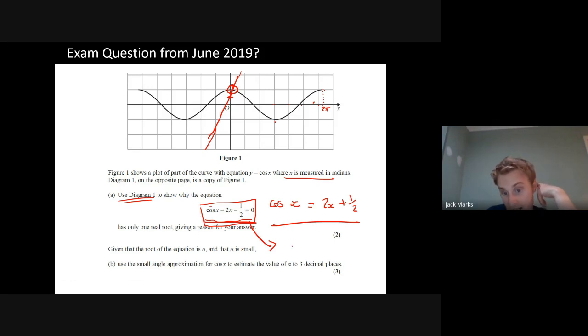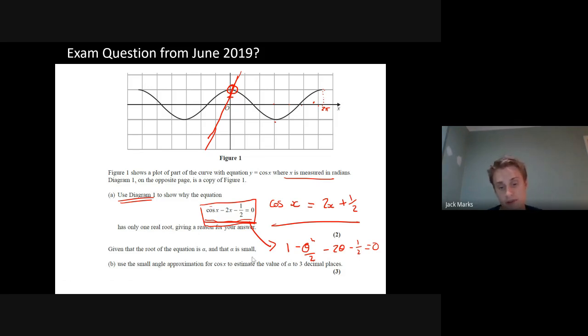For cos of x, that's a nice one. That's going to be 1 minus theta squared over 2 for that part. Minus, well, x is like the theta now, minus 2 theta minus a half equals 0. Okay, so you could solve this quadratic here, couldn't you? And that's the final part of how you do that question.